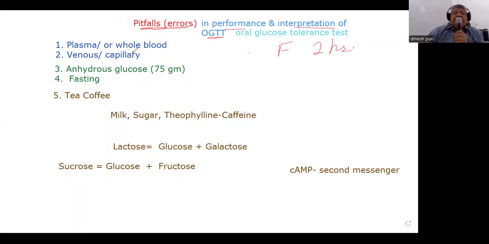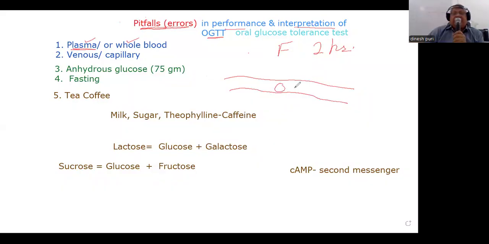Now, first point: when we said glucose, did we mean plasma or whole blood? We had said that these are plasma or serum values, because the values in whole blood are lower compared to values in plasma.